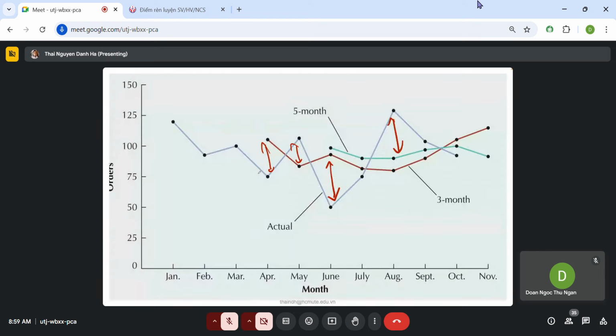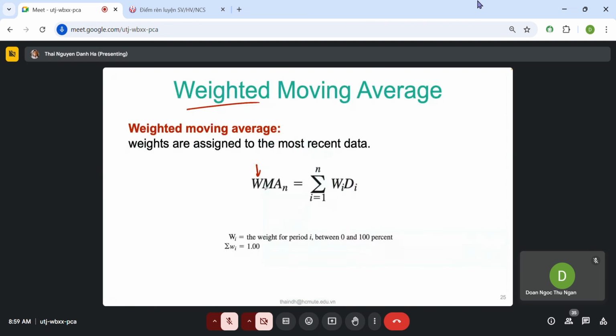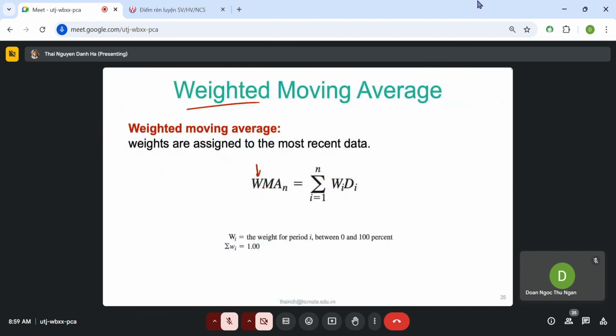So in the past, we just found the average number. This is the average number for the whole period, right? But now, in each period, based on the importance. Okay, sorry.